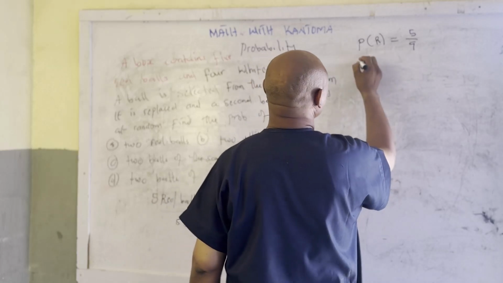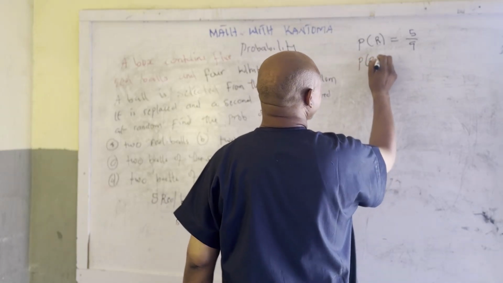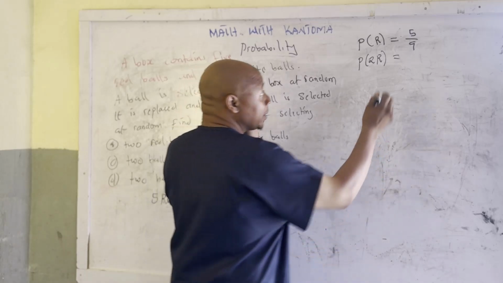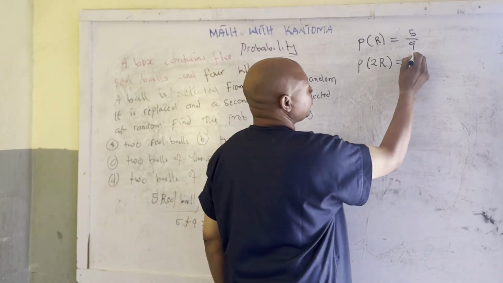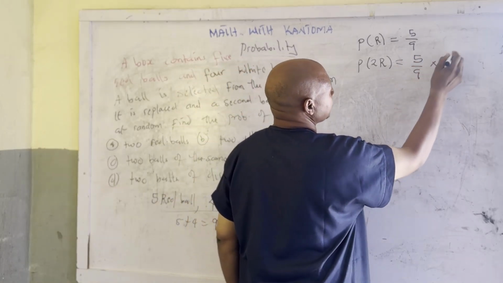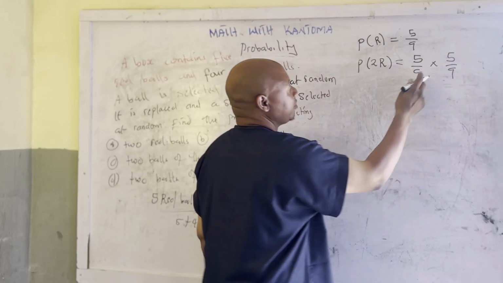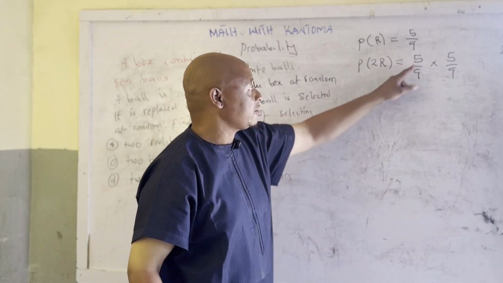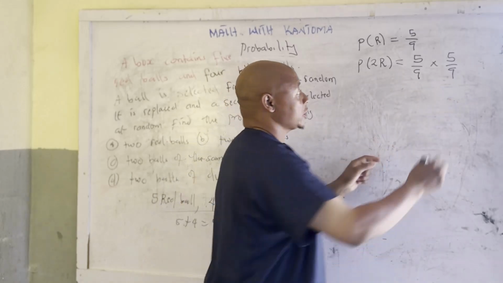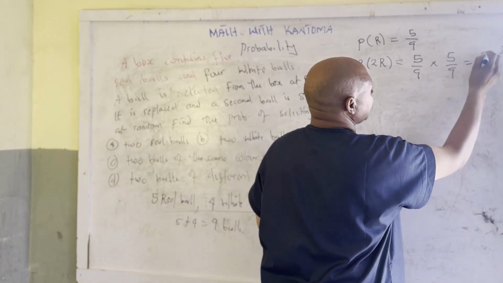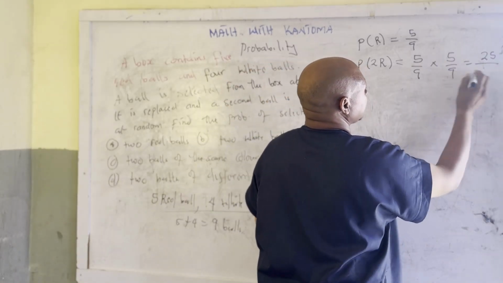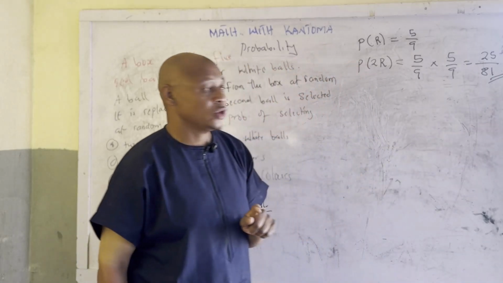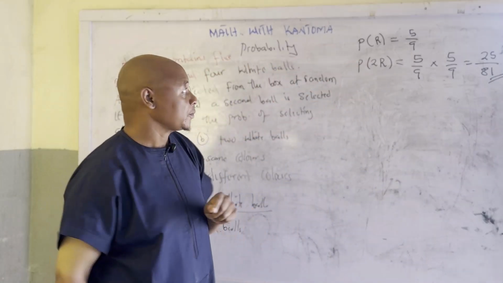And the probability of choosing 2 red balls is going to be 5 over 9 times 5 over 9, because 5 over 9 is the probability of choosing 1 red ball. So 5 times 5 is 25, 9 times 9 is 81. So we have 25 over 81 as the probability of choosing 2 red balls.